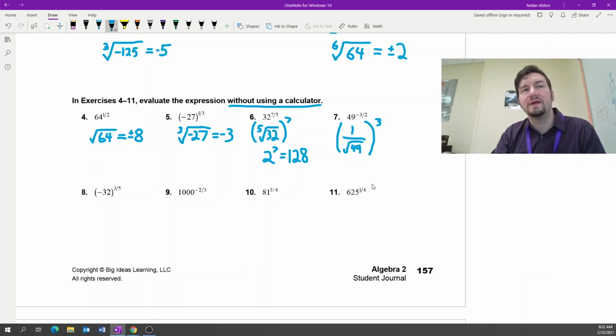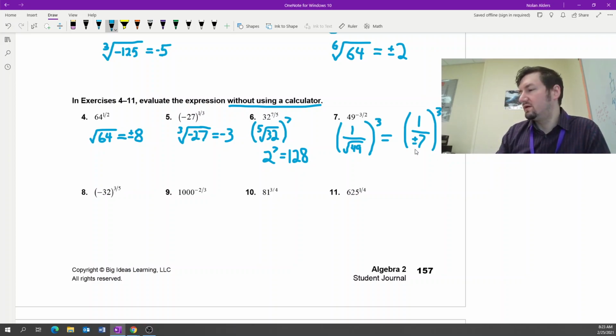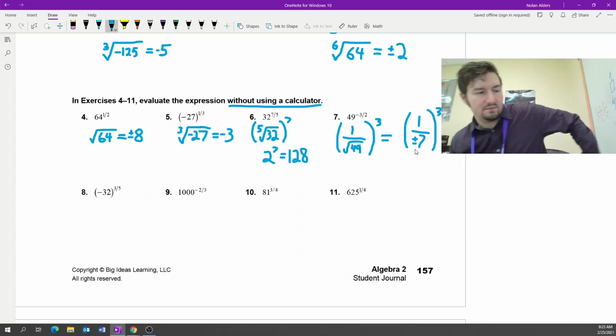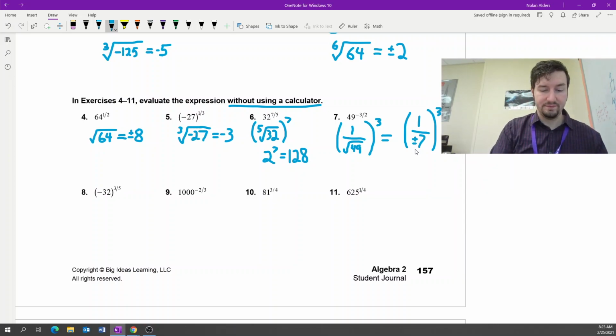Okay, so square root of 49, that's 7. So this will be 1 over, and it's plus or minus 7. And then this whole thing is cubed. So 1 over 7 cubed. And let me get a calculator out here, because I don't remember what 7 cubed is. 7 times 7 times 7 gives us 343.